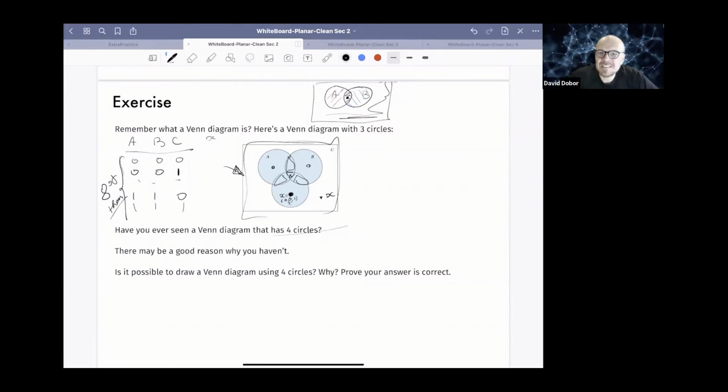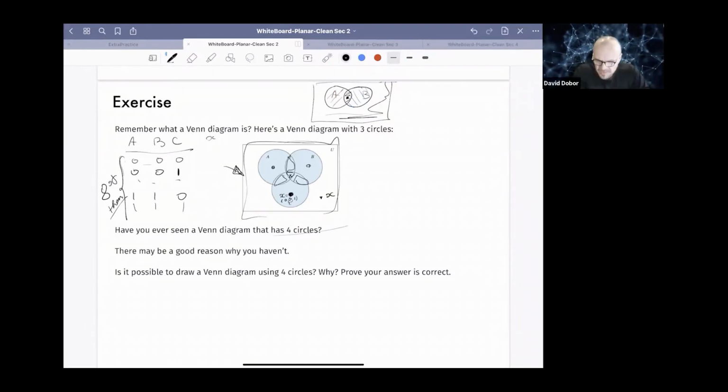Does it make sense what I just said? Why account for 16 bit strings? Because you will have to split the plane into 16 different regions so that you account for every possibility of an element belonging to some combination of these 4 sets. Does that make sense? And that is impossible.